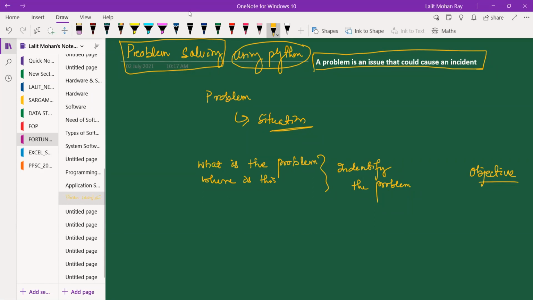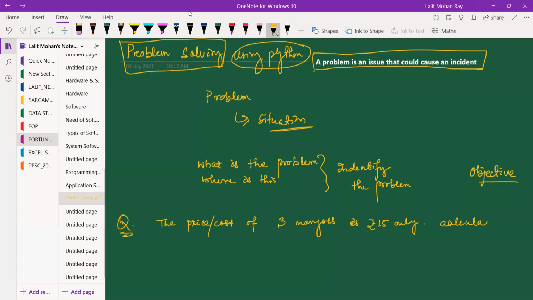For a simple example, suppose the question is: the price or cost of three mangoes is rupees 15 only.